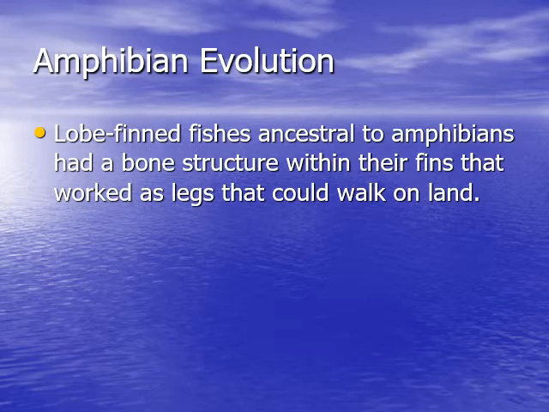But as time went on, those fish that could move a little bit better on land were able to survive more. And then those working legs got passed down more and more so that those legs got better and better. Remember, why would it be an advantage for some of those lobed fin fishes to get the ability to live on land?